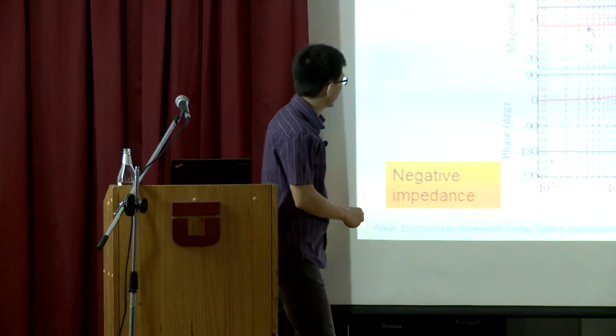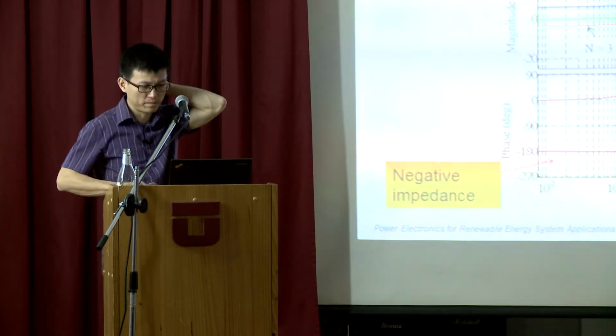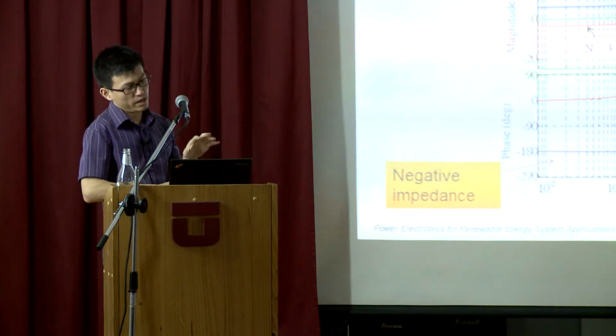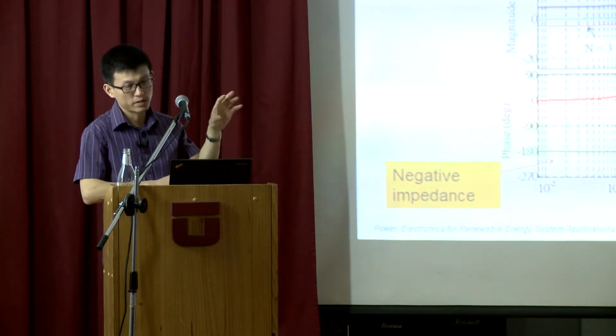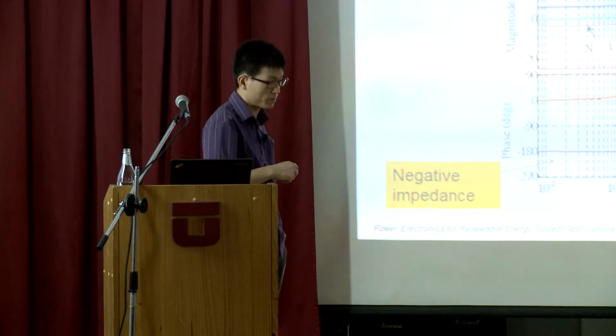Another way is to fix the individual droop gain. For the separated system, the droop gain is fixed, so Ki, the local droop gain, is fixed.